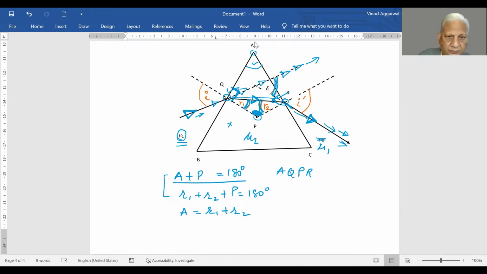Now, if we see this angle delta, this delta is an external angle to this particular triangle. If I elaborate this, this is our Q, this is our R, this is our delta. So delta is an external angle to this triangle.